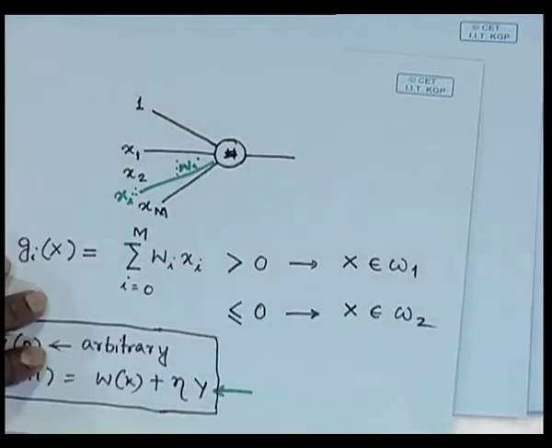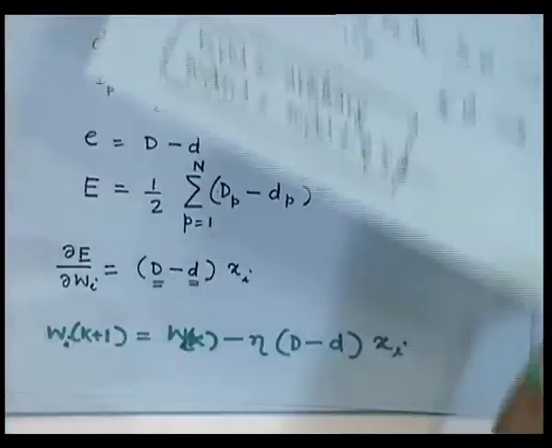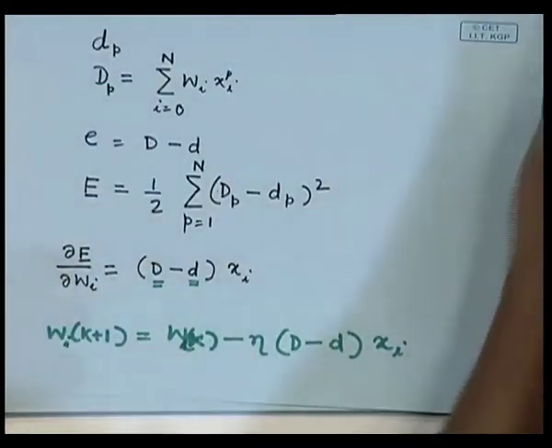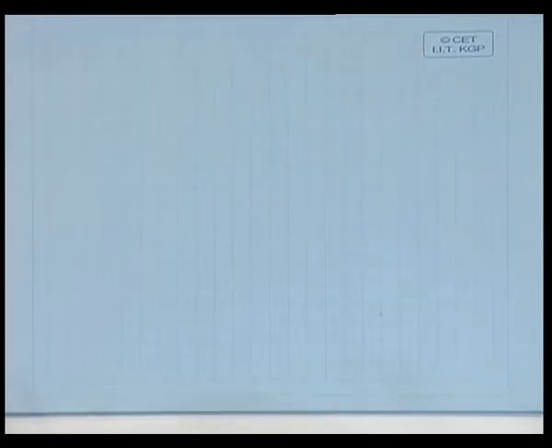So, for every individual component I am doing it. This single output neuron perceptron takes care of only a two class problem. If the output becomes 1, I say the sample belongs to one class. If the output becomes 0, the sample belongs to the other class.